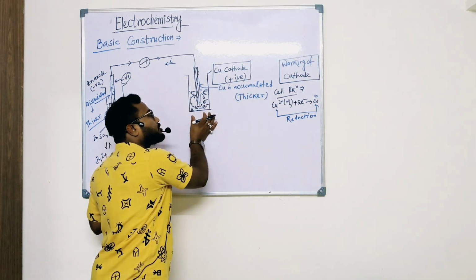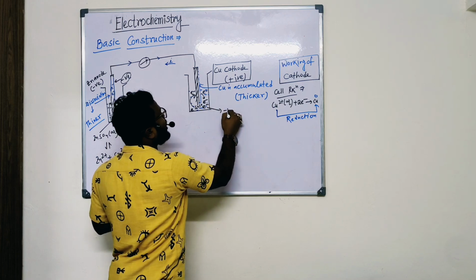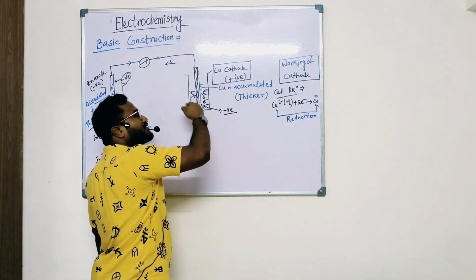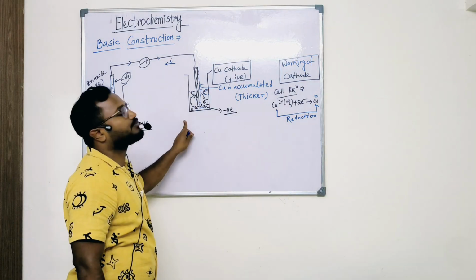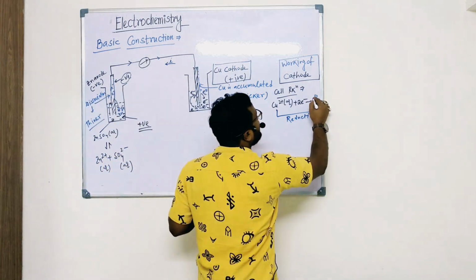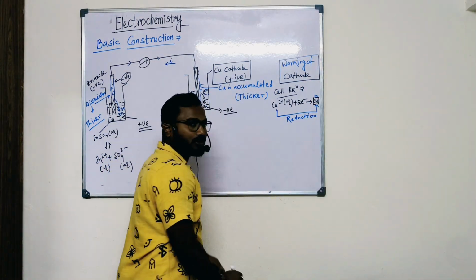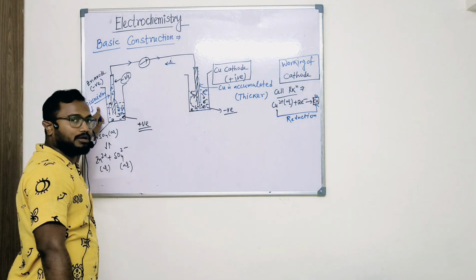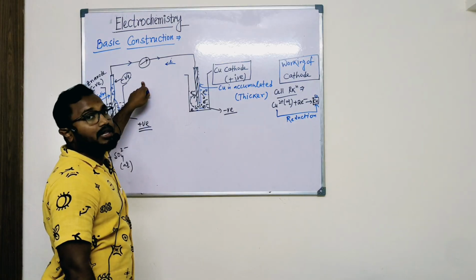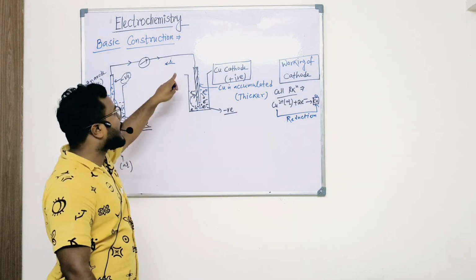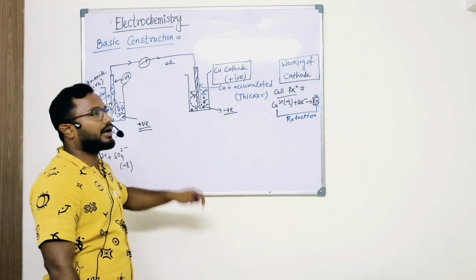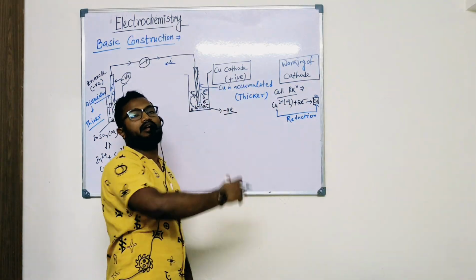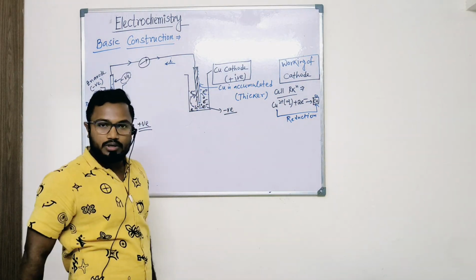Here, this solution is respectively electronegative in nature. And this terminal accepts Cu2+ and becomes copper. As a result, accumulation happens in case of the cathode terminal and dissociation happens in case of the anode terminal. From the anode terminal, there is a flow of electrons. From the cathode terminal, there is a flow of current. But here also, after oxidation, reduction happens again. So the cell does not work.